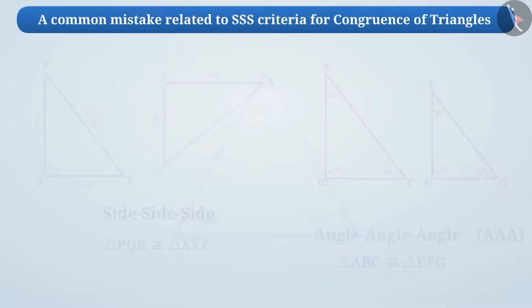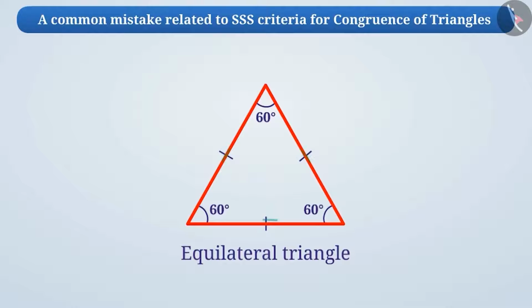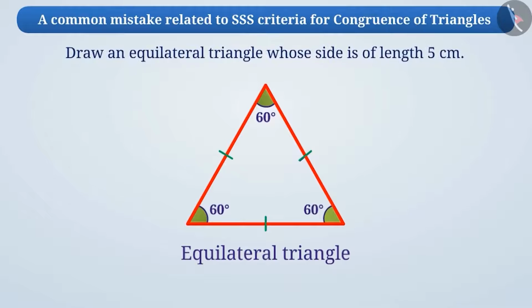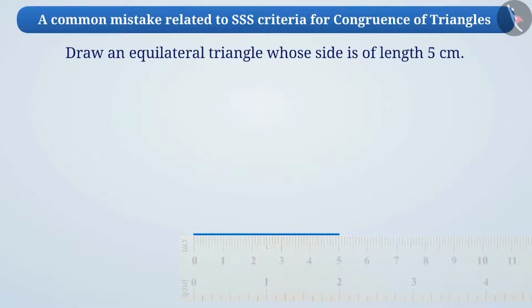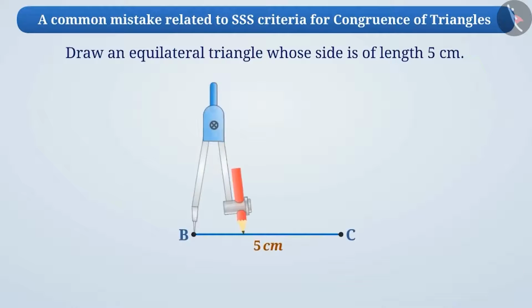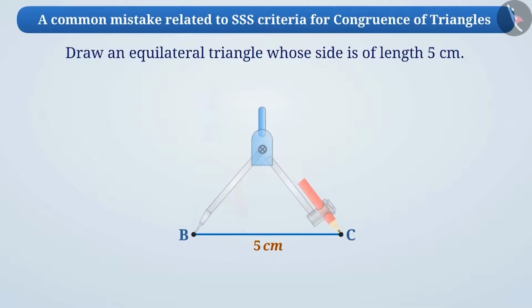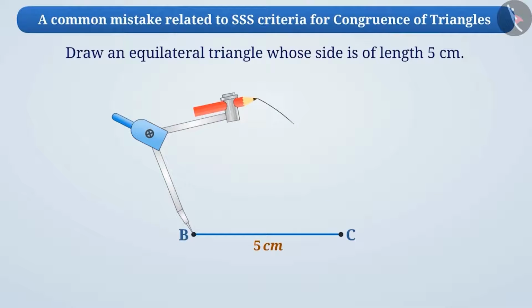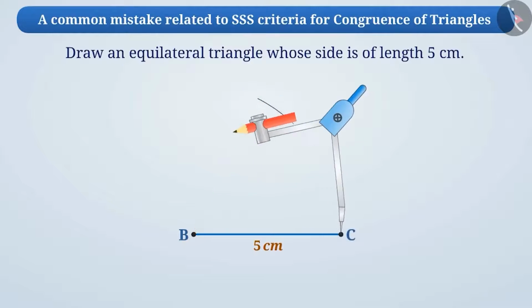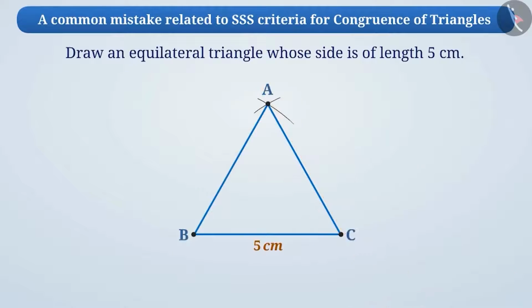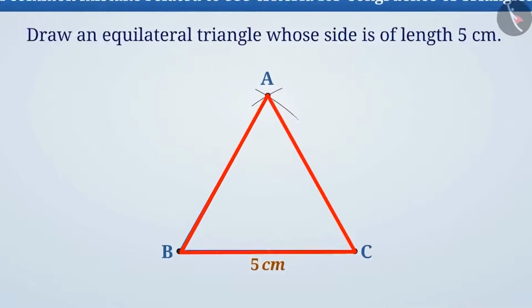You know that all sides of an equilateral triangle are equal and each angle measures 60 degrees. Let's attempt to draw an equilateral triangle. We will draw a line segment BC of length 5 cm. Then, using the same length equal to line segment BC in the compass, we will draw an arc from B. Keeping the same length in the compass, we will make another arc cutting the first arc from C. A is the point of intersection of the arcs, and joining the points A to B and C, we obtain the triangle ABC.